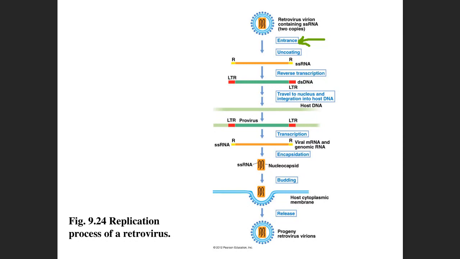And this is the part that's really a problem. Because once it gets into the chromosome, there is no way to precisely cut it out. So the only hope is that this host cell will die along with the virus.